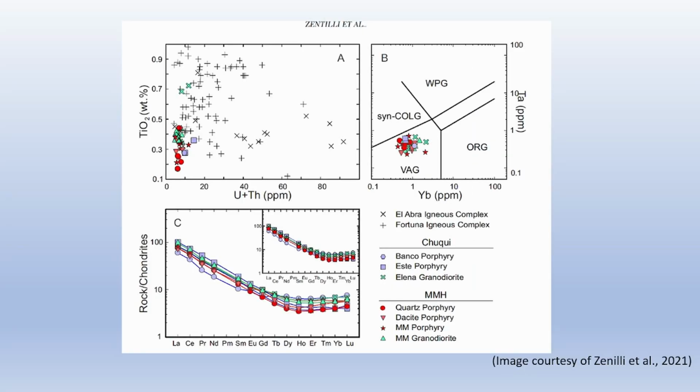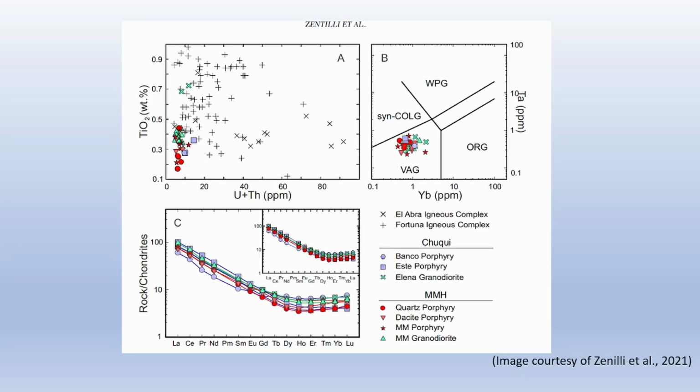Here we have geochemical plots to compare these porphyry deposits with each other. In panel A, we have titanium dioxide plotted against the combined concentrations of uranium and thorium.